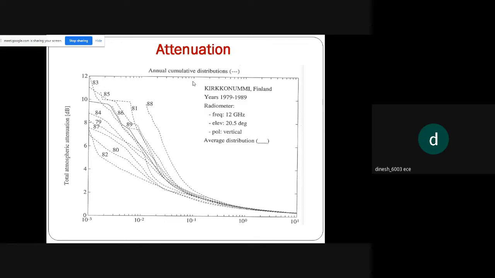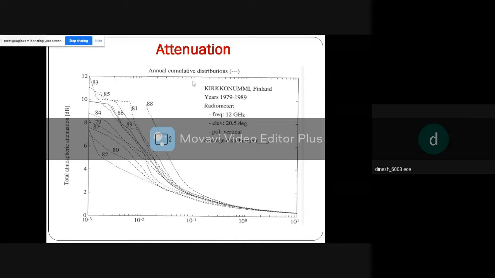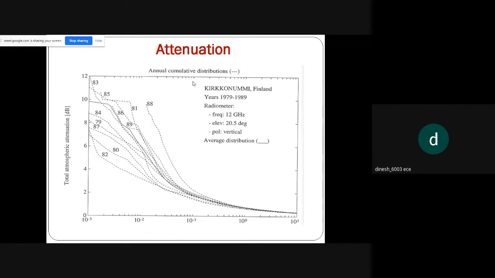And where we had lower atmospheric attenuation, it could be the case that it had a more dry season rather than rainy season. So this is how the data has been taken out.